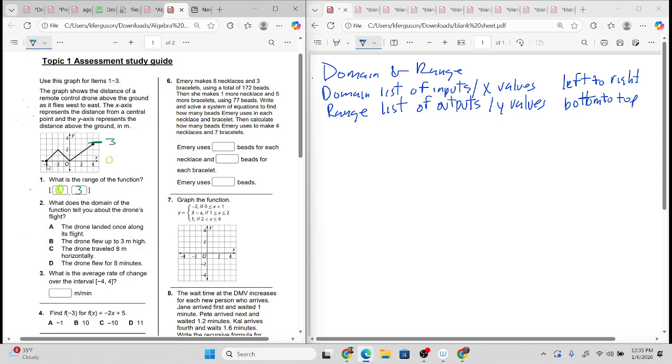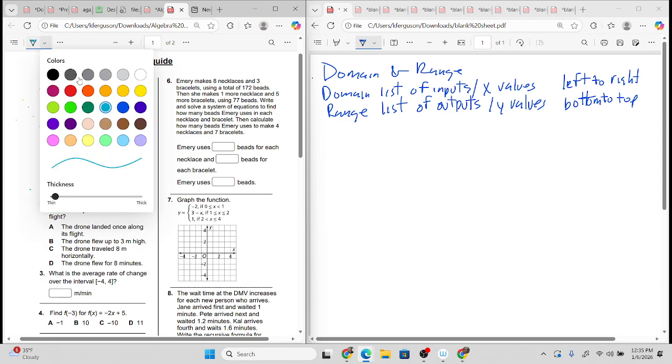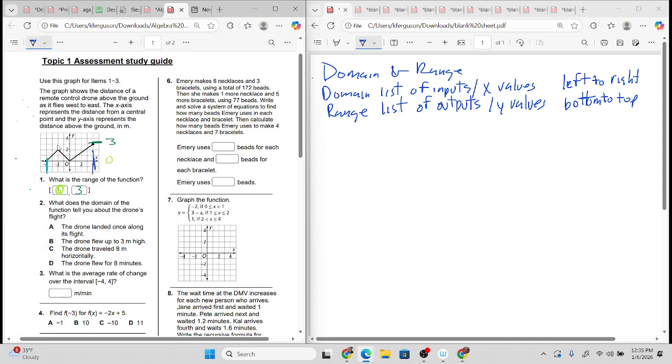So if I sit there and count from -4 to +4, 1, 2, 3, 4, 5, 6, 7, 8. 8 meters I traveled. And that just happens to be C. Because how high the drone flew, that's Y. That's got nothing to do with X. How long the drone flew, that has nothing to do with what we're talking about.